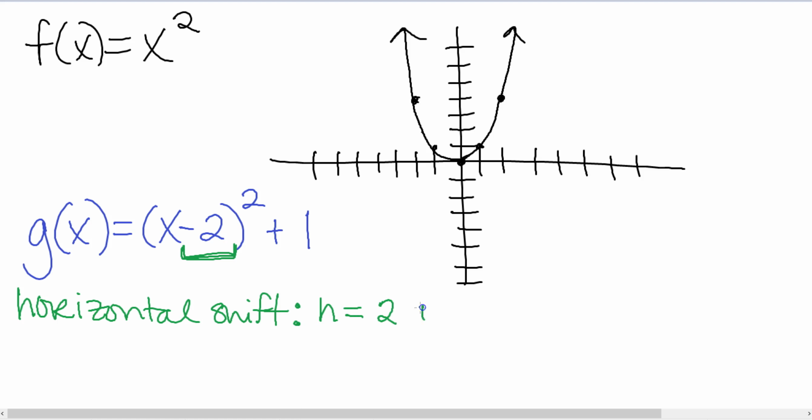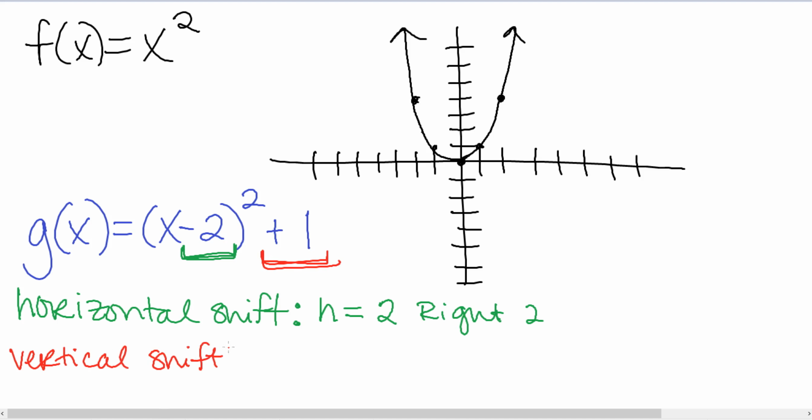So we're going to go to the right 2. Plus 1 is your vertical up or down shift. That's your k. Change the h, keep the k, so k equals 1, so we're going to go up 1.